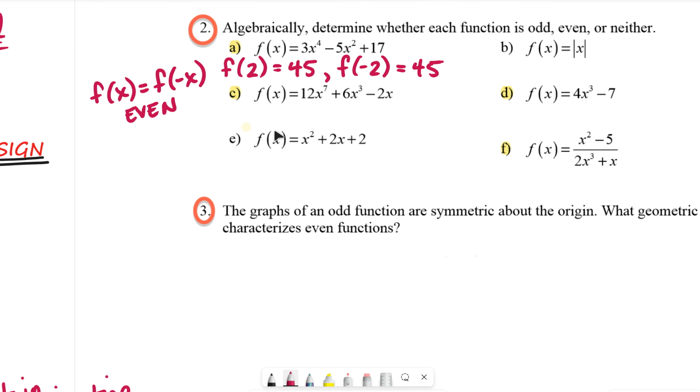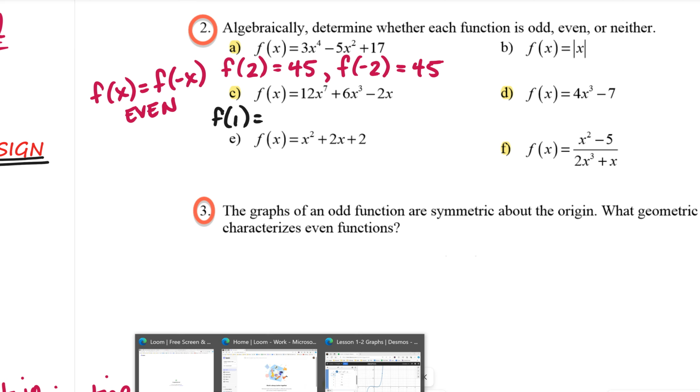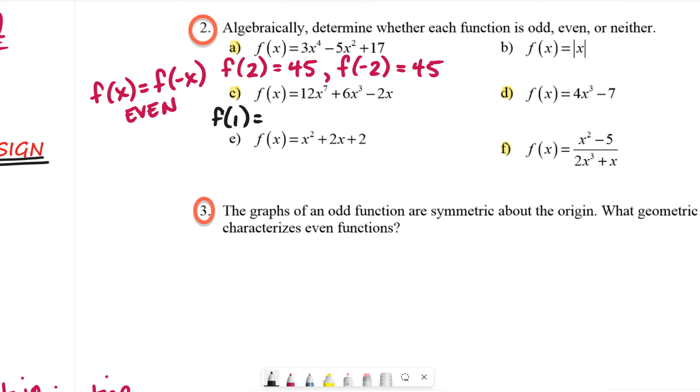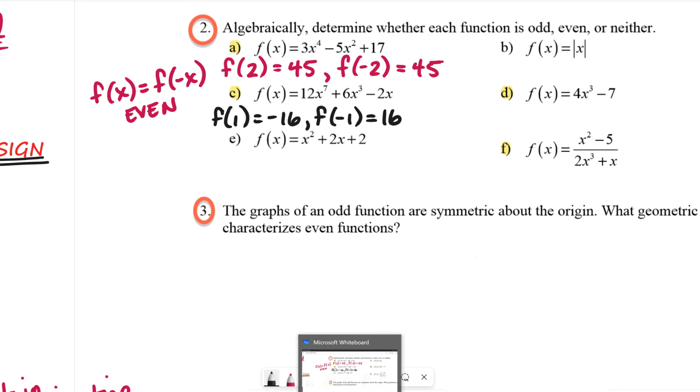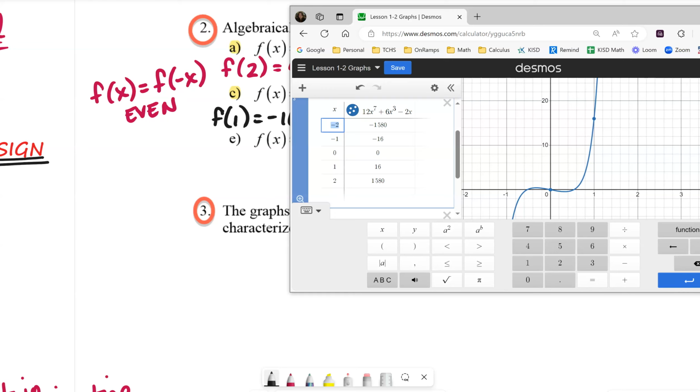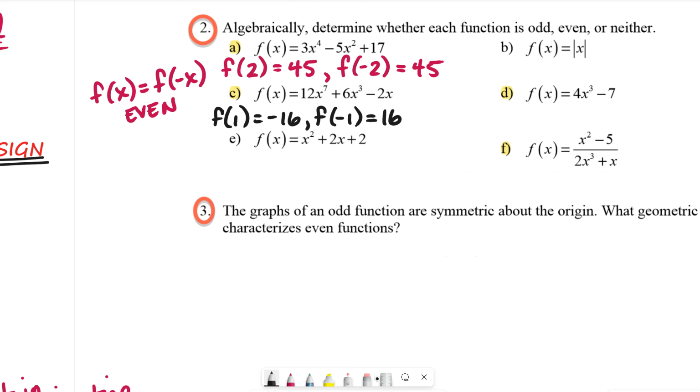So let's use the 1 and -1 on this one. If f of 1 equals -16 and f of -1 equals 16. Let me make sure I did choose the right one again. f of -1 is negative and f of 1 is positive.